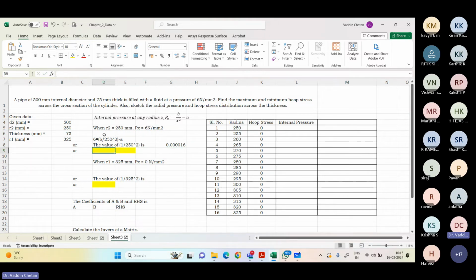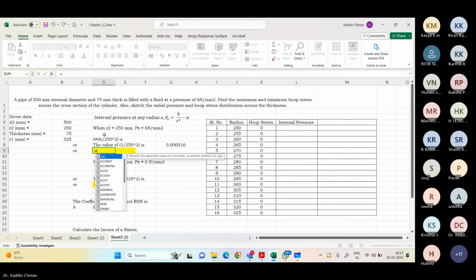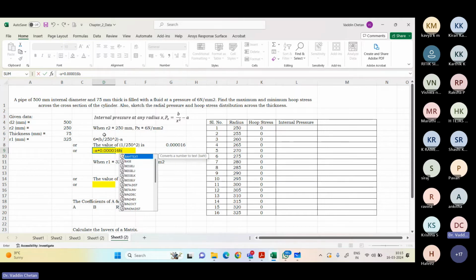So my first equation is 6 equal to that, or finally I can write it as minus A plus 0.4016B equal to 6.